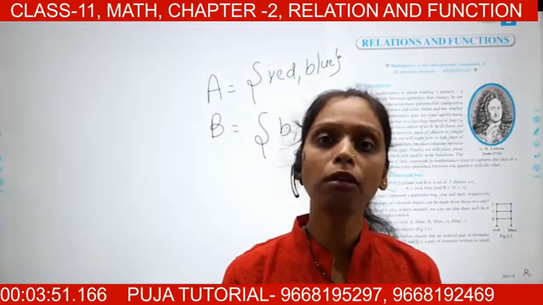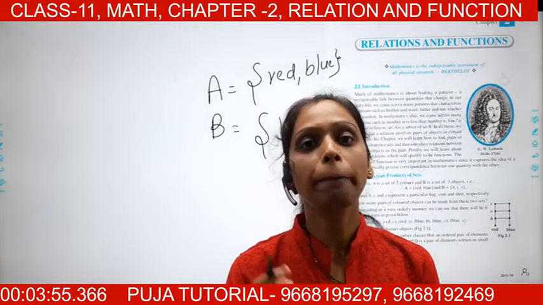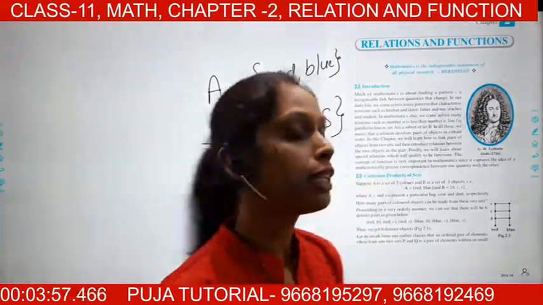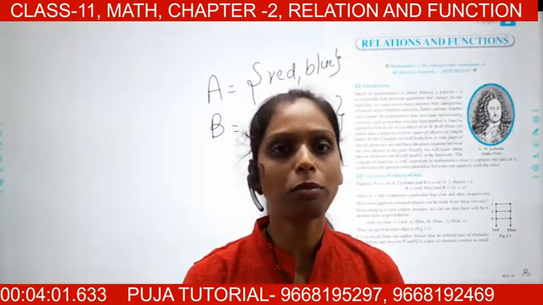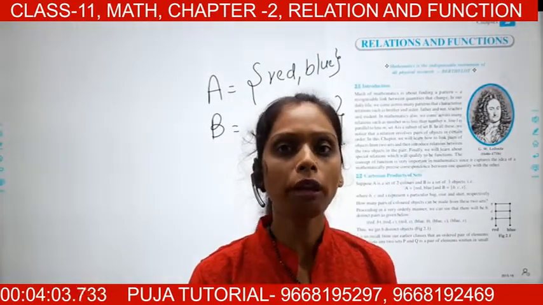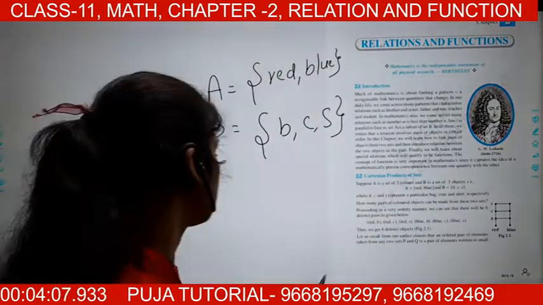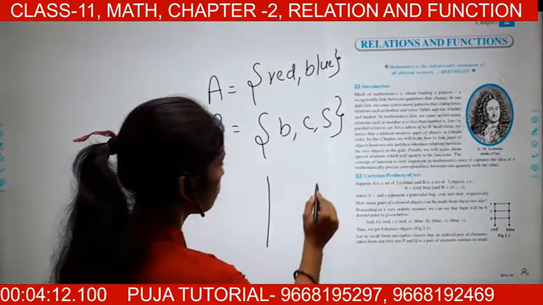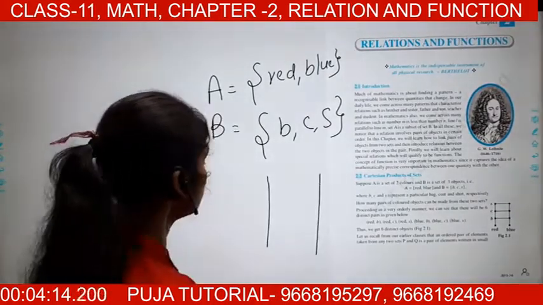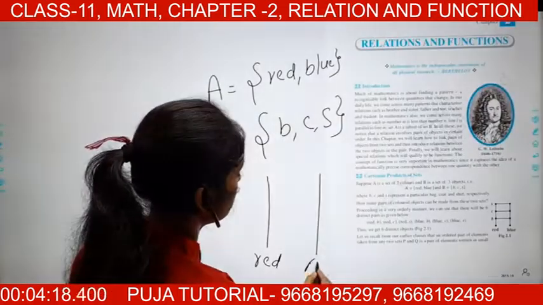Now, how do we make all possible combinations related to these two different sets? How do we make pairs? In A there are two elements: first is red and second is blue.